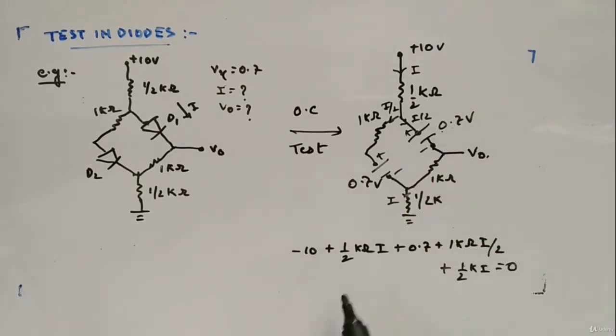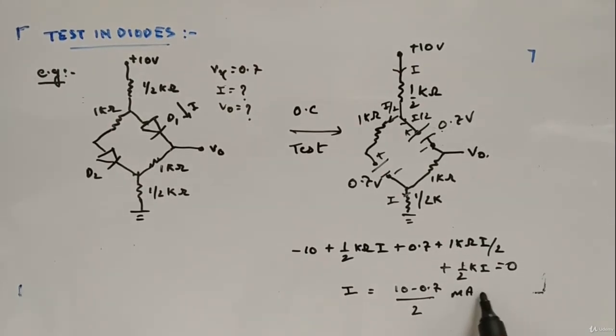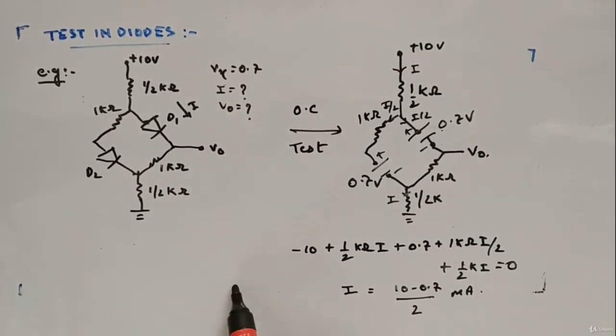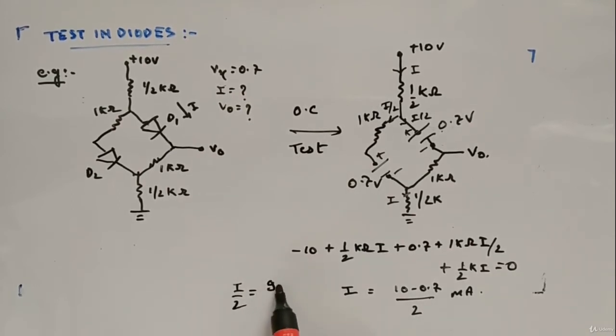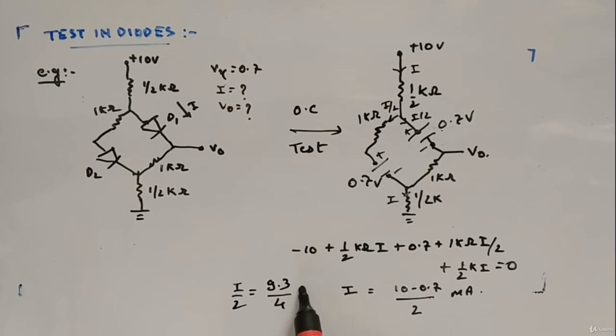No, we want I by 2, so first we have to calculate I. I will be equal to 10 minus 0.7 divided by this half and this half, which will give 1 plus 1, 2, so 2, and this is milliampere. So I by 2 will be 10 minus 0.7, that is 9.3, divided by 4 milliampere. This is I dash, let's say.